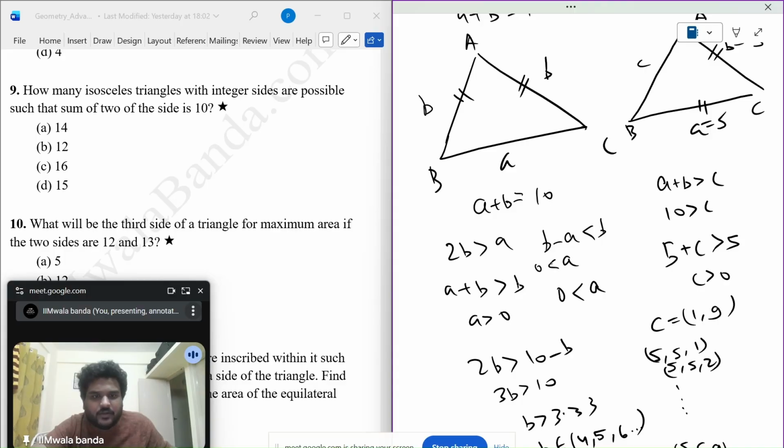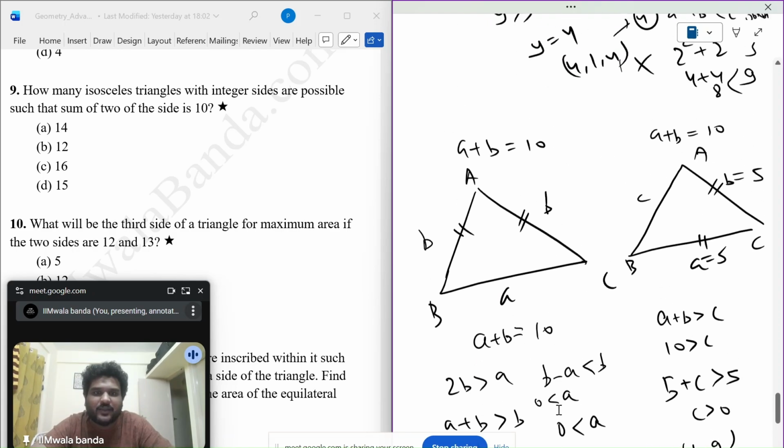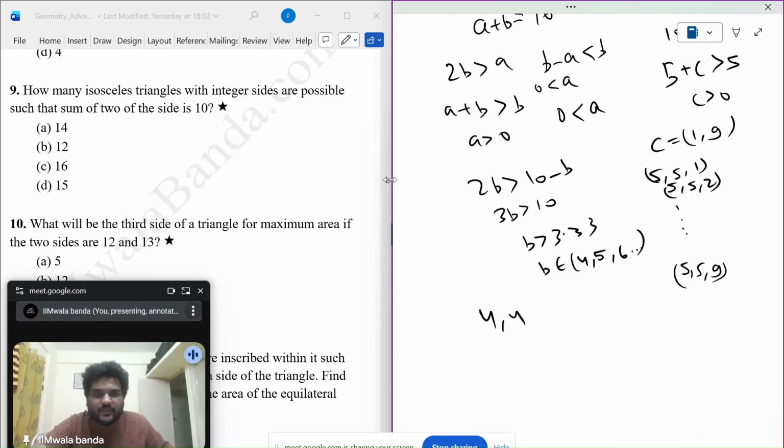A plus B is 10. So A has a limit, right? In this case, let's say B is 4. Then the other side is also 4 and A has to be 6. So this is 1.